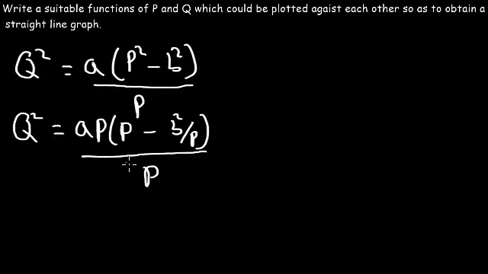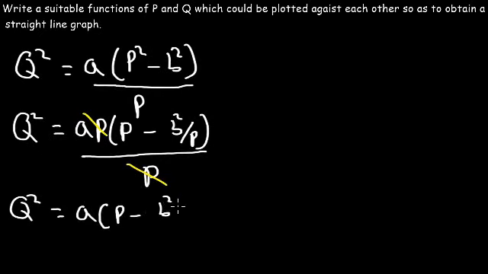So now at this point, we can clearly see that this will cancel out. Then now we have q squared equals a multiplied by p minus b squared over p. Don't forget, our main goal is to have a constant and make sure that the degree of both the independent and the dependent is 1, 1. Once we can do that, then we are good to go.